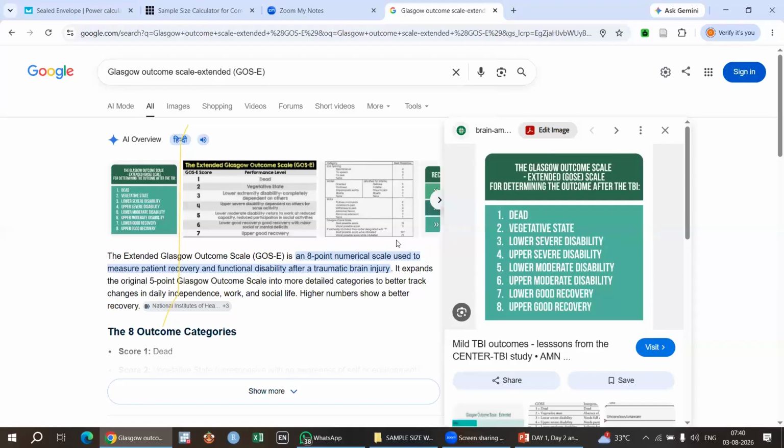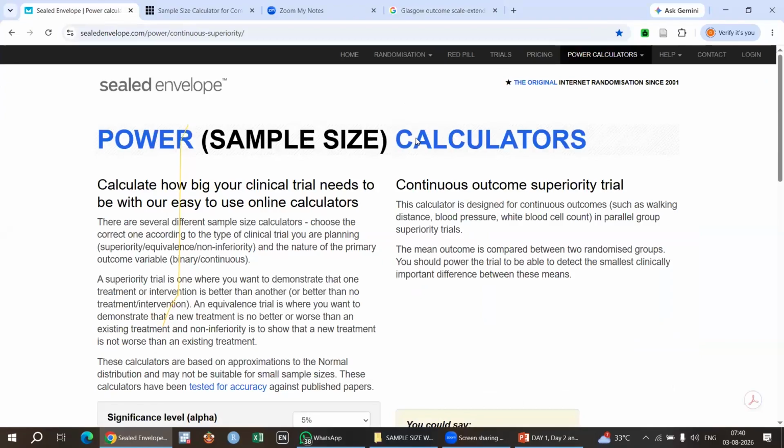For online calculators, there are some you can try. Sealed Envelope. Write down Sealed Envelope, this is a sample size calculation online software.